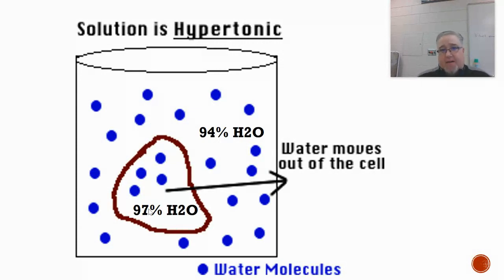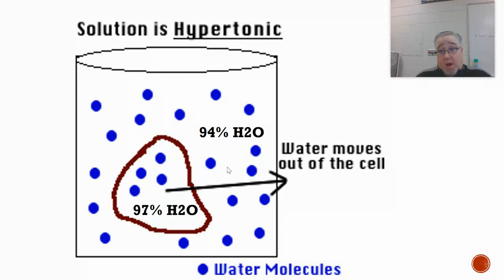They're just kind of stuck in there unless they move through channels, right? But the inside is 97% water. The outside of the cell, the environment, is 94%, and there's 6% solutes. Okay, but remember, this membrane is permeable to water. It's not permeable to those other things.